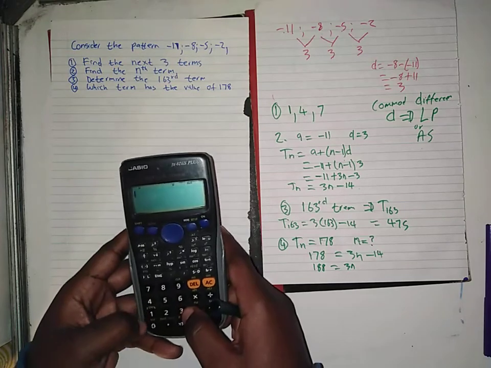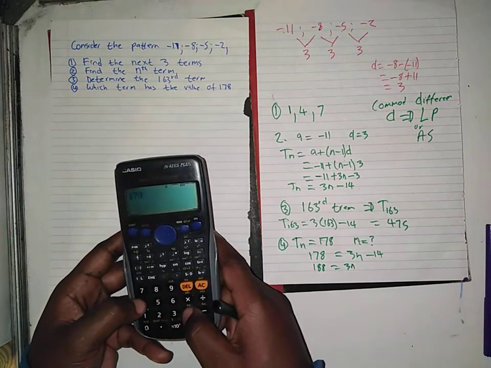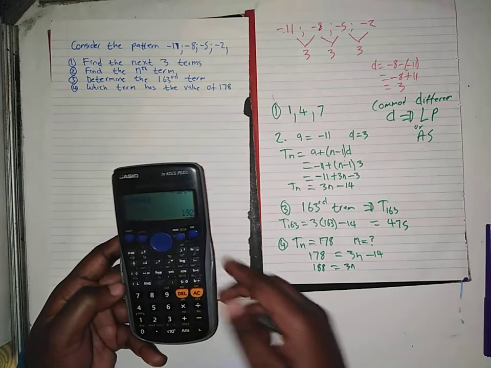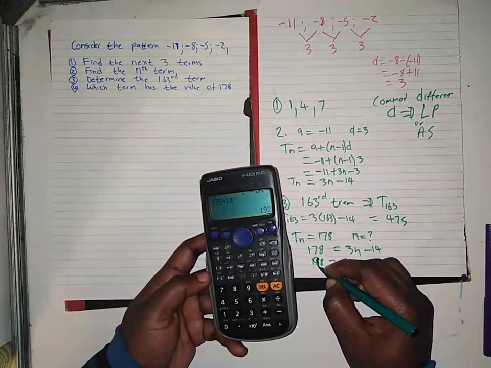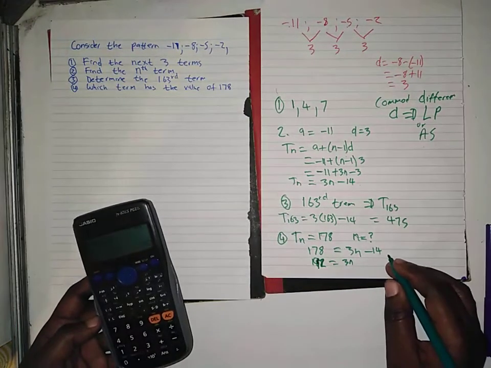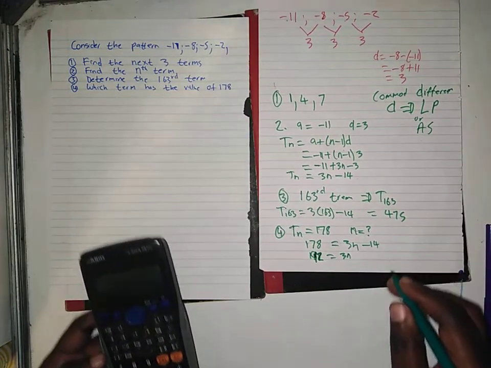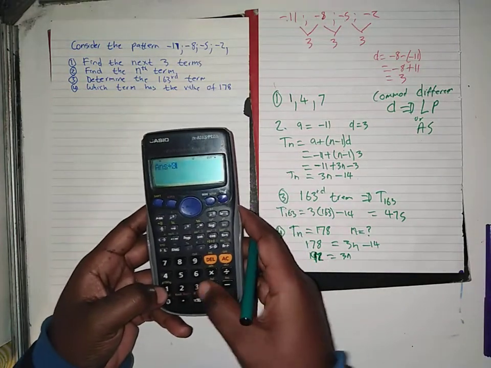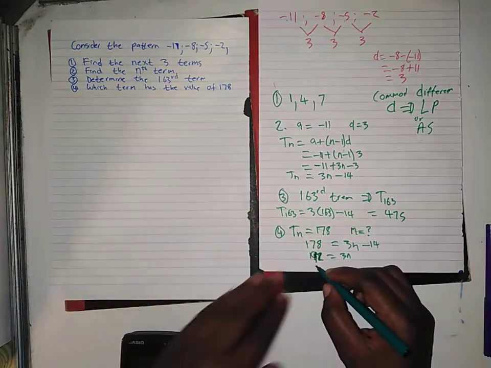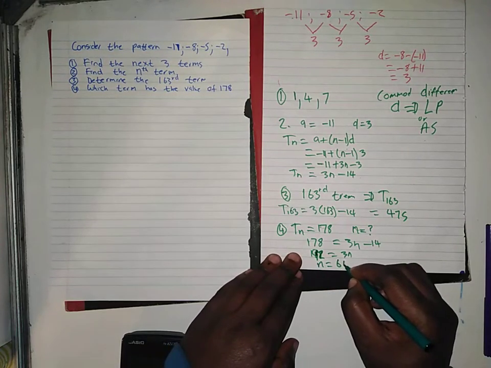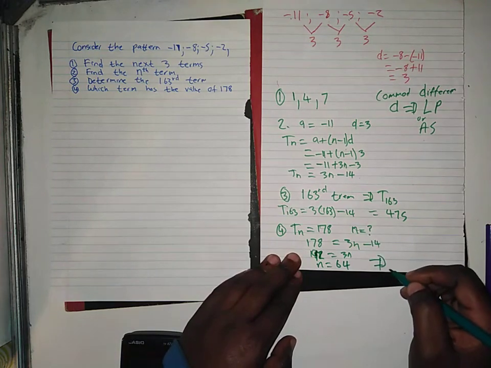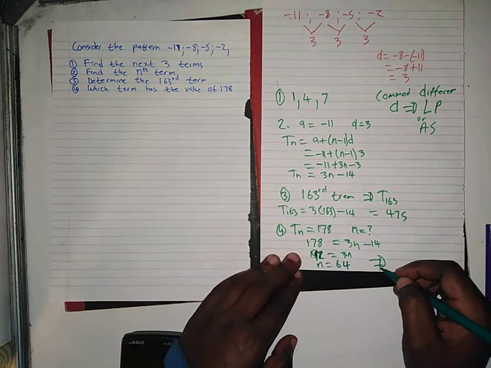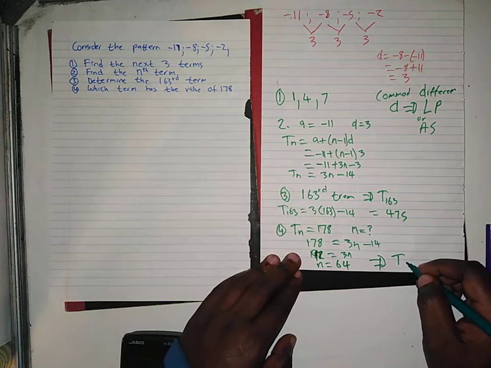It's 178 plus 14, it's 192. I do not know where this 188 comes from. It's 192. Can you see that? Now 192 divided by 3, then you get 64. Therefore, the term that has a value of 178 is T64.